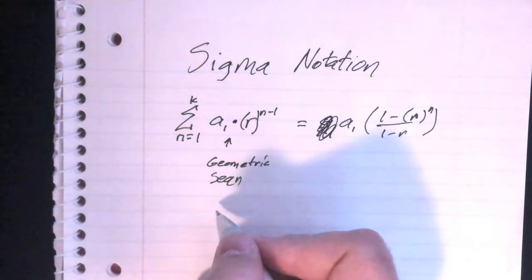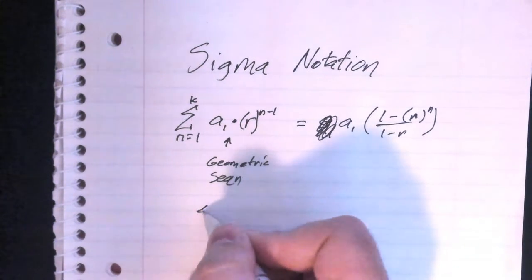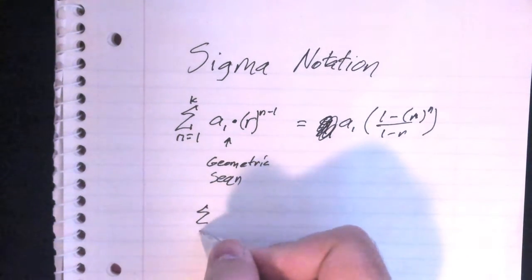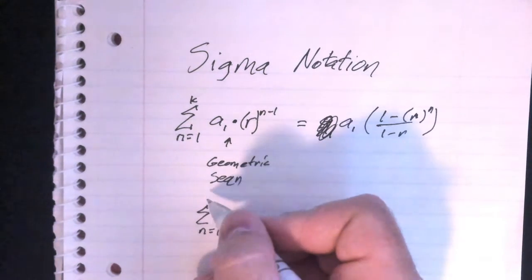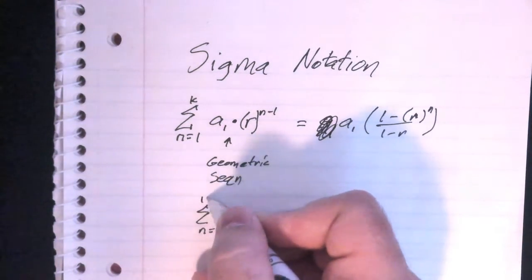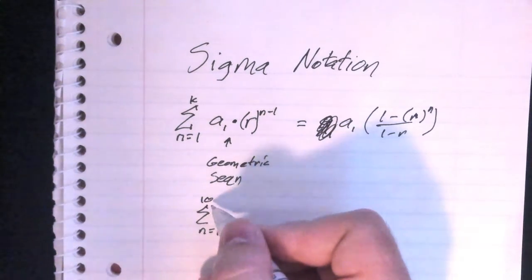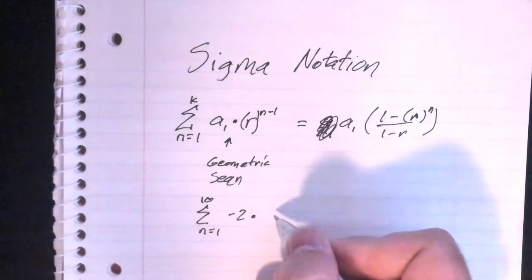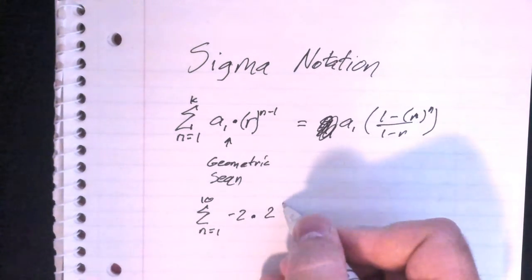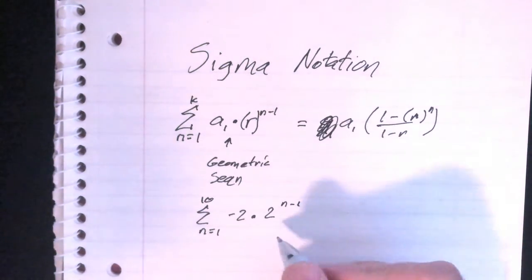So an example of one of these may look like something where it says sigma, which means find the sum from the first term all the way to the 10th term. So it says find the sum of 10 terms of -2 times 2 to the n minus 1.